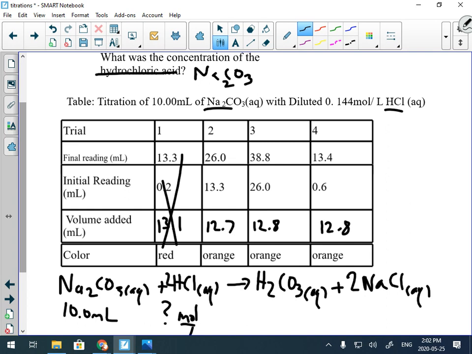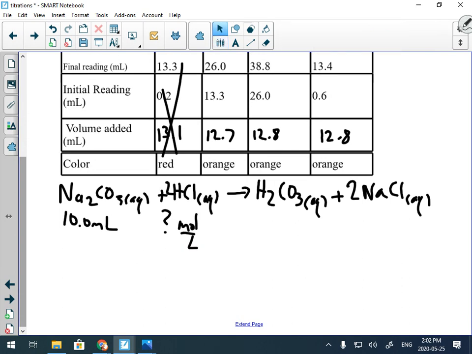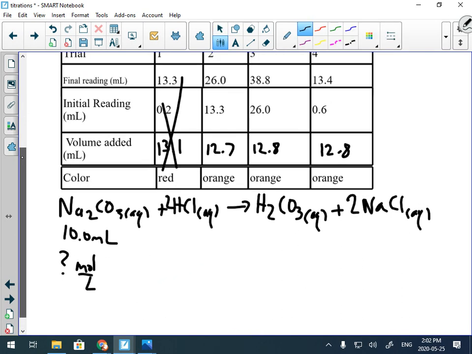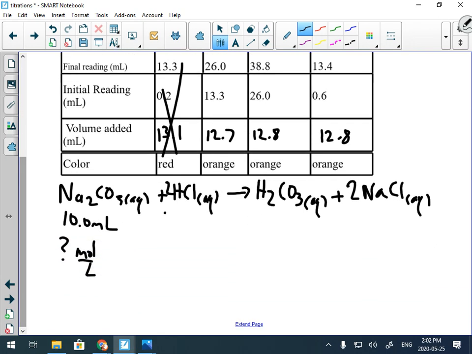Okay, so we're solving for the concentration of Na2CO3, and I'm just going to move that over here. That's just a typo. And we're given the concentration of the hydrochloric acid, which is 0.144 moles per liter.